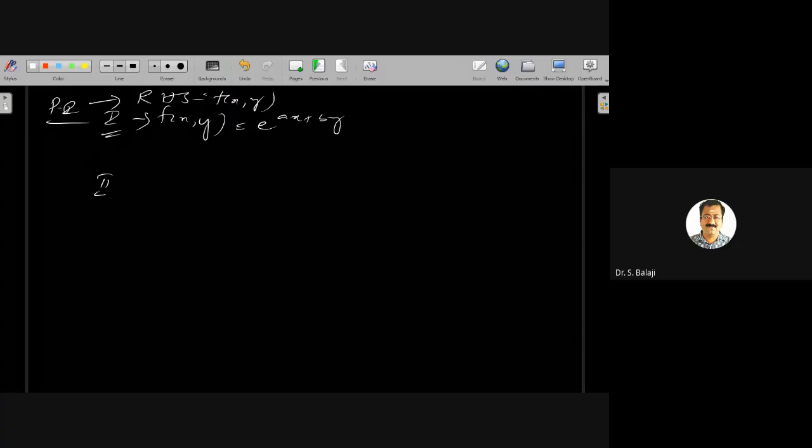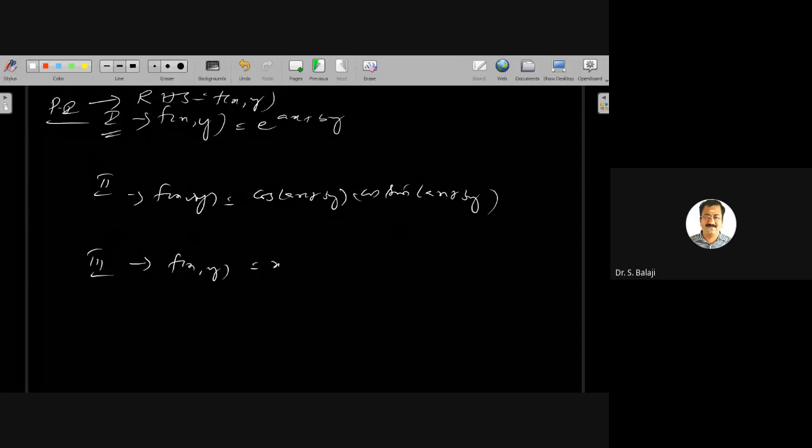The second type is when f(x, y) is cosine or sine of ax plus by. The third one, these are all the basic three types here, is when f(x, y) is an algebraic polynomial.